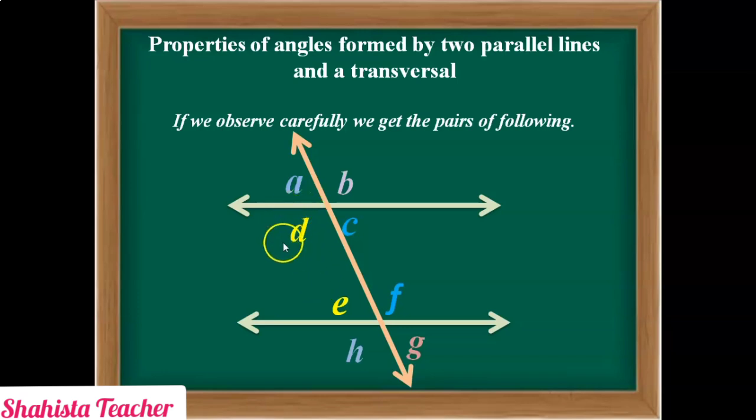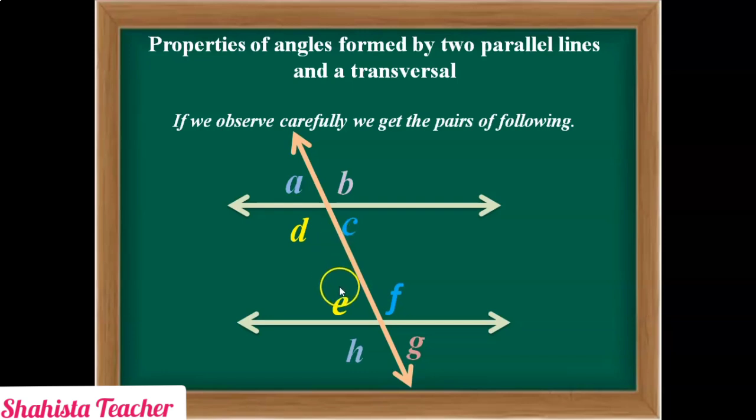That means measure of angle C plus measure of angle F gives us the interior angles. Here we have to add these two angles because they form a linear pair. Linear pair means two angles which are present in one line are known as a linear pair of angles.